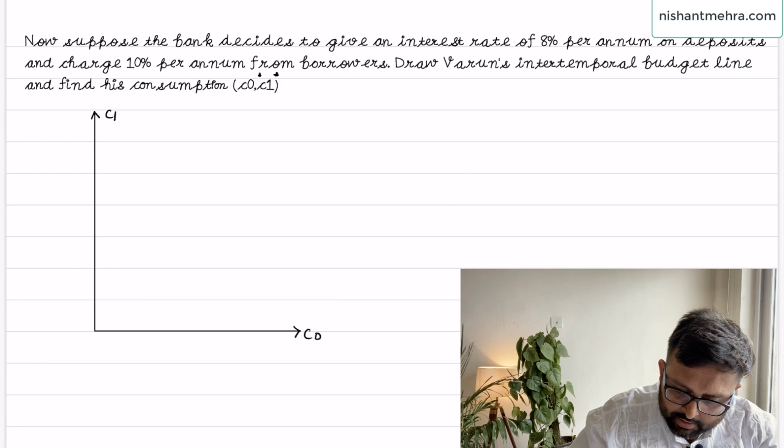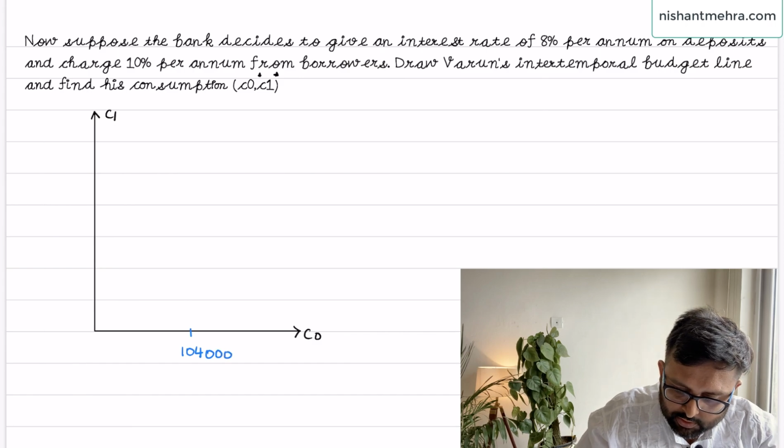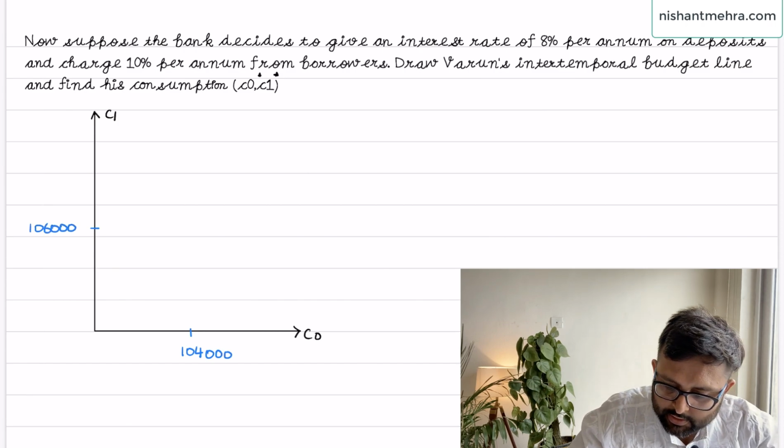Let me just mark M1, that is 1,04,000, and let me just mark M0 is 1,04,000 and this one is 1,06,000, right?